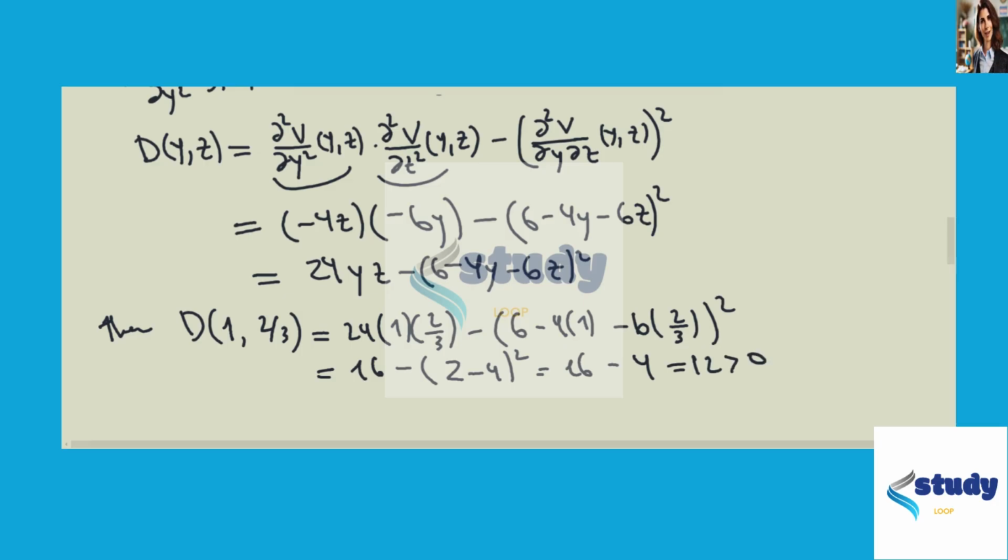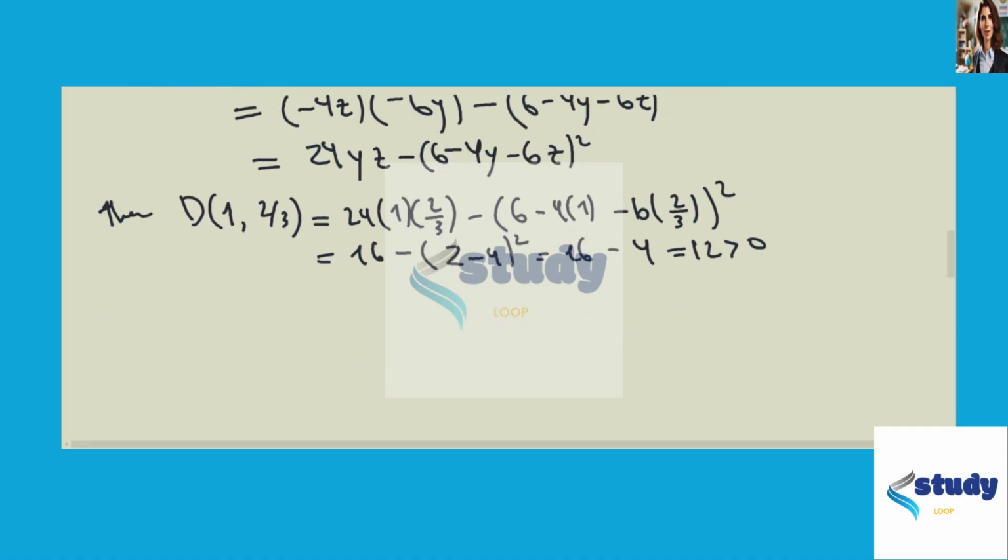When the determinant of the Hessian matrix is positive, we will have a local maximum or a local minimum, and that depends on the sign of any of these two factors. They will have, in this case, the same sign. So we will take any of them, and we see the sign of that factor.